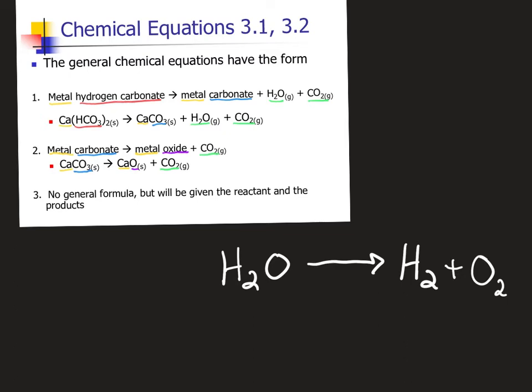And there's more carbon dioxide on there. With a metal hydrogen carbonate, baking soda, which is a sodium hydrogen carbonate, you get a metal carbonate, water, very, very small amount, and carbon dioxide.